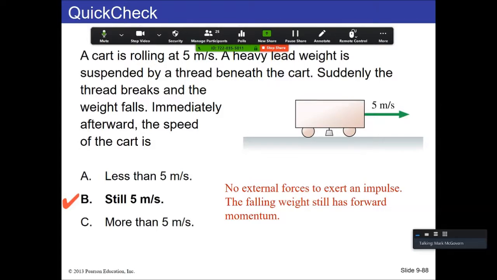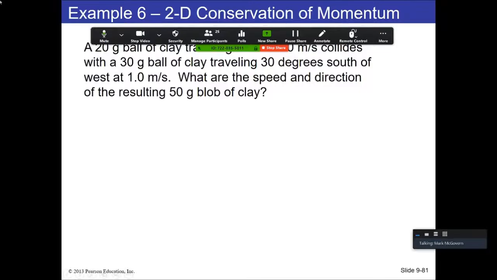You're not doing anything with momentum, unless you're doing astrophysics, which we will do a little bit later in the class. We do a little stuff on gravitation, orbits, things like that, and you'll see it at least once there. But if you're on Earth, no, you don't do that. Last problem.